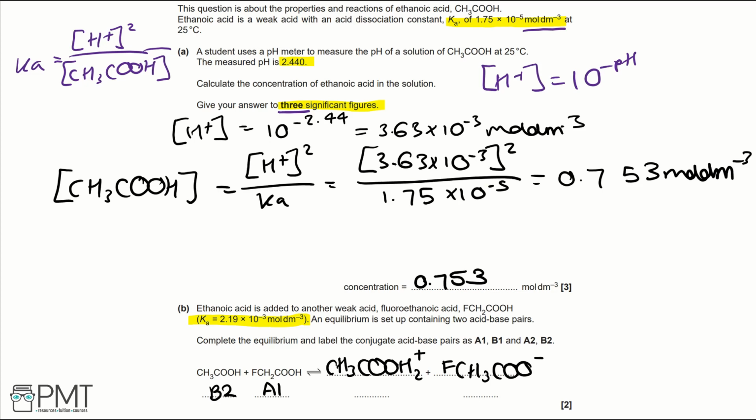If we finish off by writing our acid-base pairs, that would be A2 and B2. To get the 2 marks for this question, you need to have the correct equilibrium. That gets you 1 mark, and then the correct acid-base pairs gets you your 2nd mark.